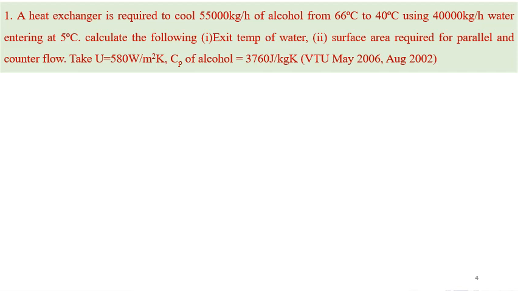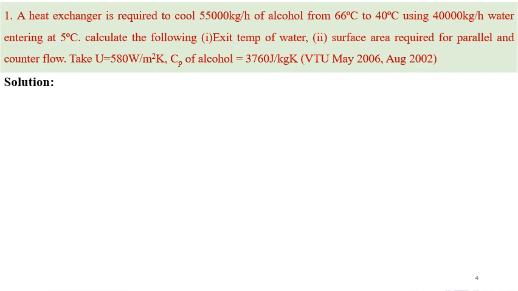Now what they have given is a heat exchanger which is required to cool 55,000 kg per hour of alcohol from 66 degrees centigrade to 40 degrees centigrade using 40,000 kg per hour of water which is entering at 5 degrees centigrade.